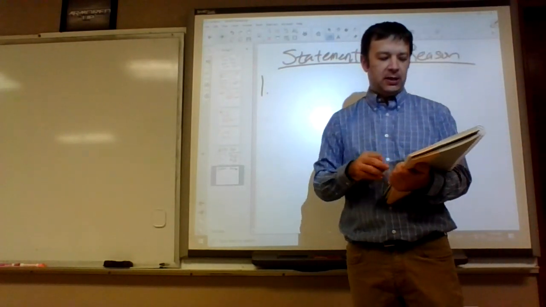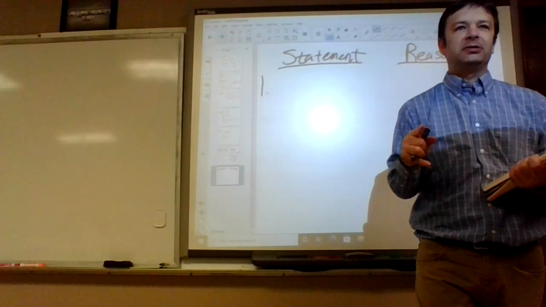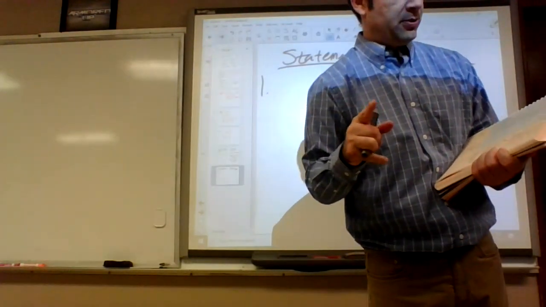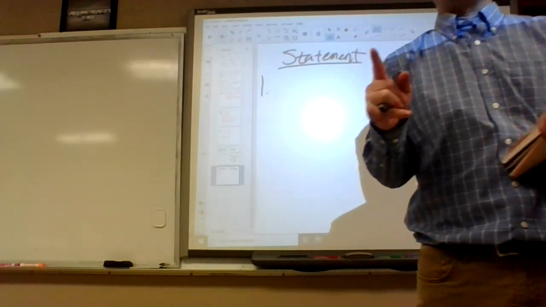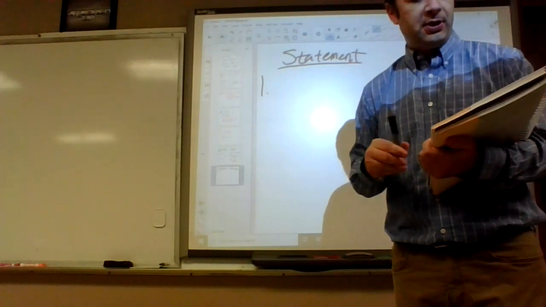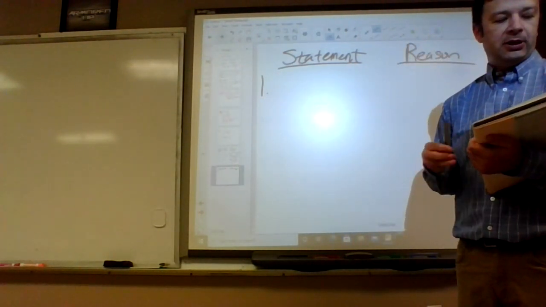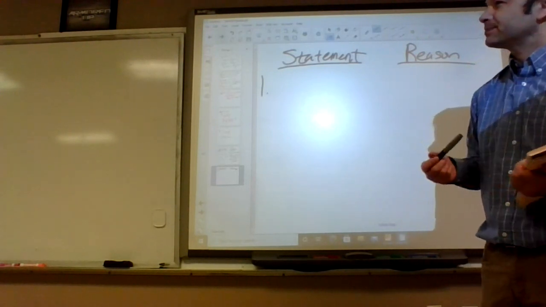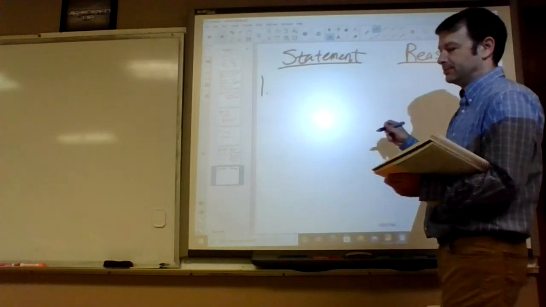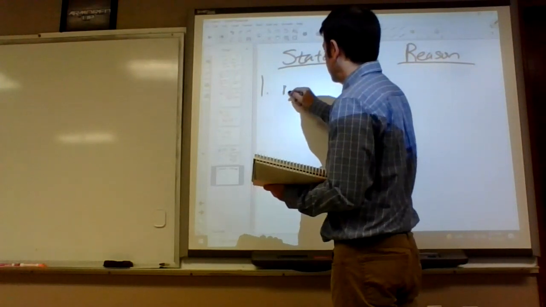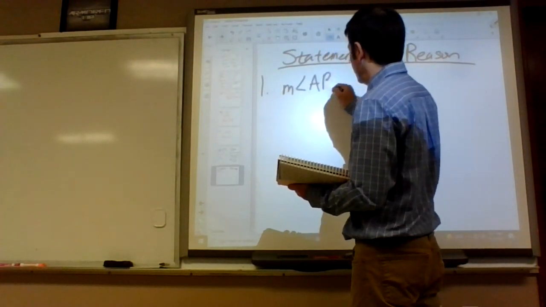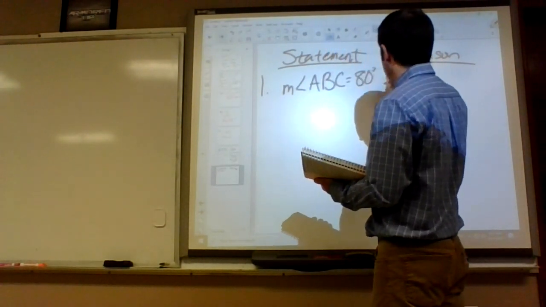Unless we knew they were equal, or that BD was the angle bisector, then we would know that was true. But we don't know that. What do we know? What's the given? Angle ABC equals 80. Yes, the measure of angle ABC equals 80 degrees.